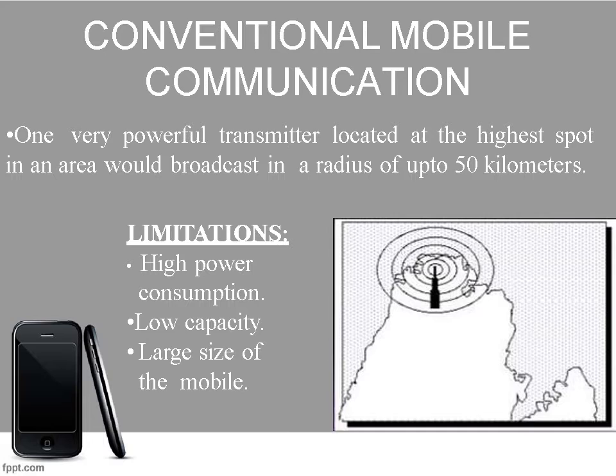Next, conventional mobile communication. This is one very powerful transmitter located at the highest spot in an area, which would broadcast in a radius of up to 50 km. The limitations for this are high power consumption, low capacity, and large size of the mobile.